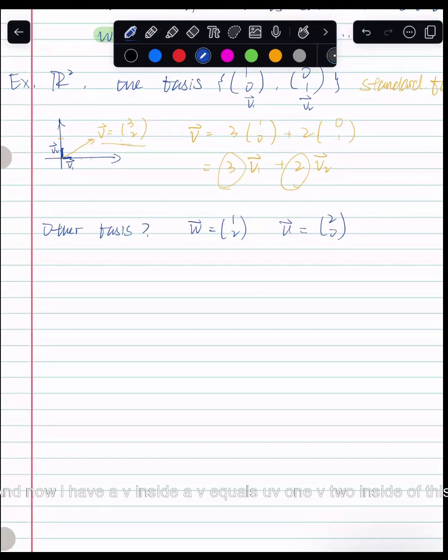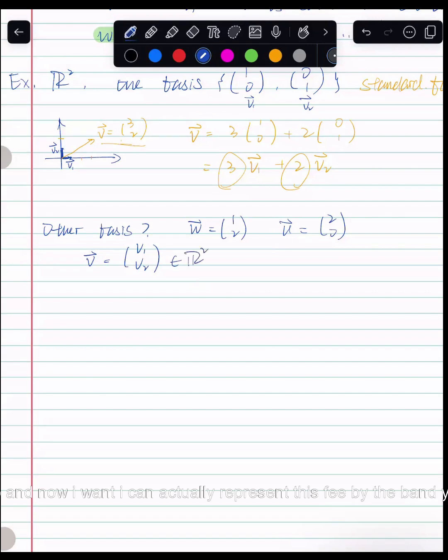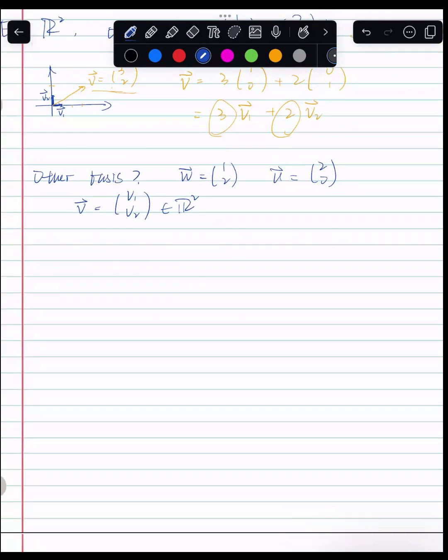And now I have a V equals V1, V2 inside of this R2. And now I can actually represent this V by W and U.